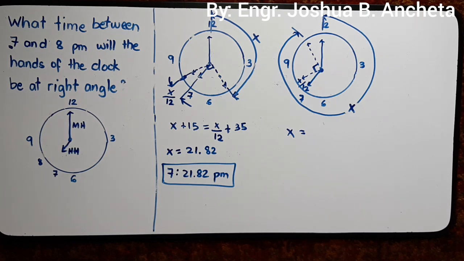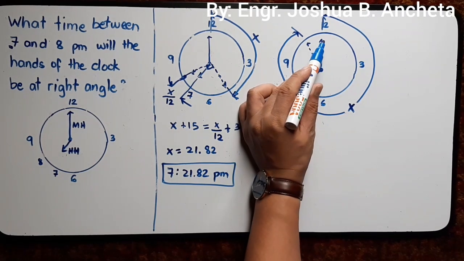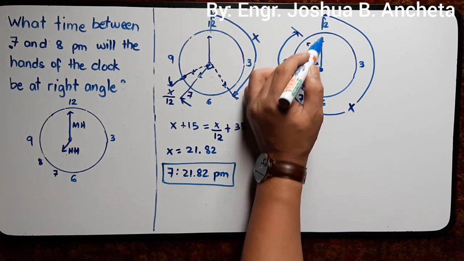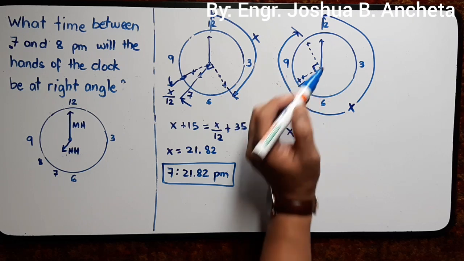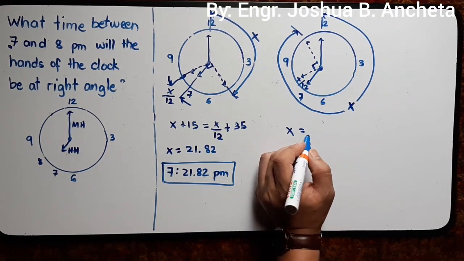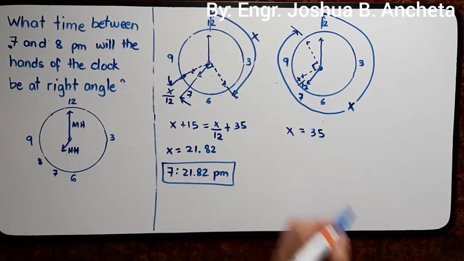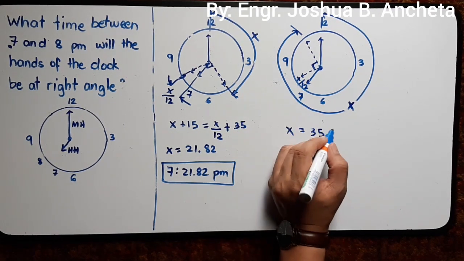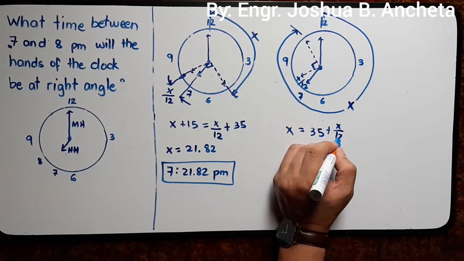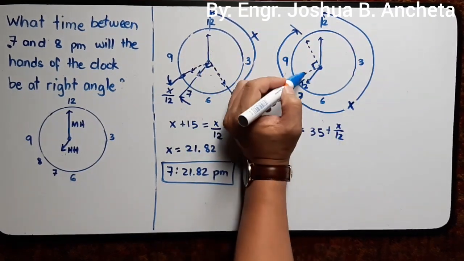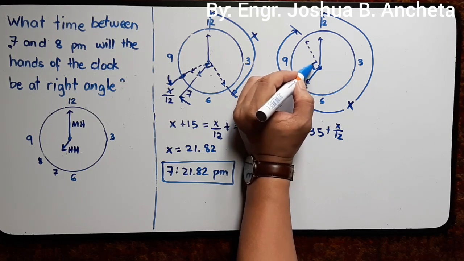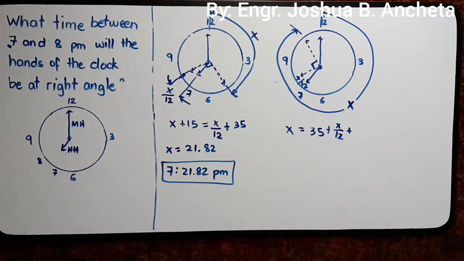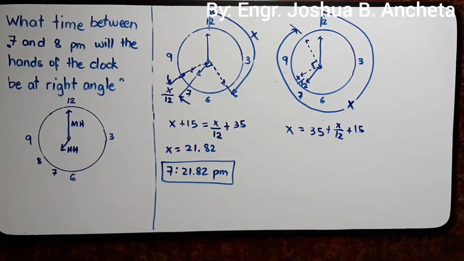The internal openings are composed of this opening, the 12 to 7 position, which is equivalent in terms of minutes to 35, plus this opening, X over 12. And to cover the whole boundary, this opening, which is 90 degrees, is equivalent to 15 minutes.